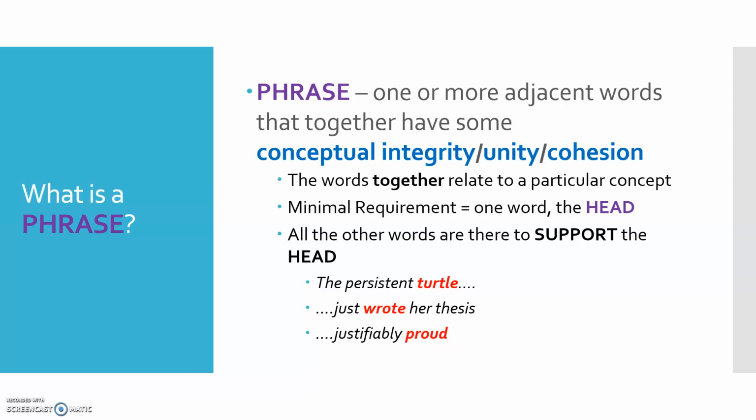We don't have to have the justifiably there, but I couldn't drop the proud and have a grammatical structure. I couldn't say I was justifiably. Then you would be waiting for me to finish the phrase because justifiably is there to support the word that it comes right in front of, which is the adjective proud. So it's supporting proud by enhancing our understanding of it.